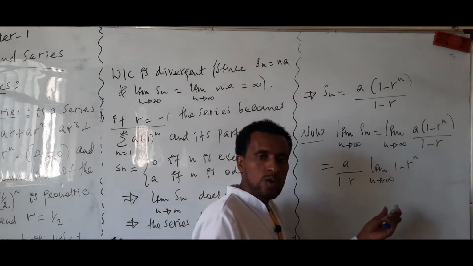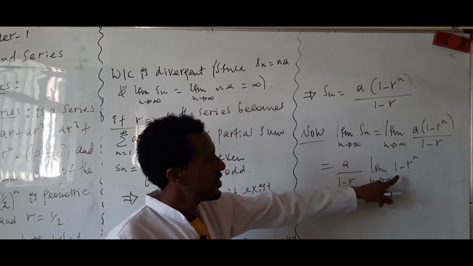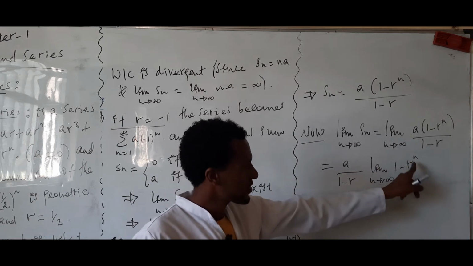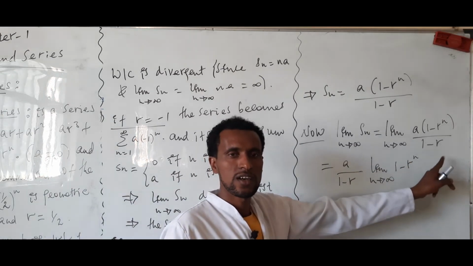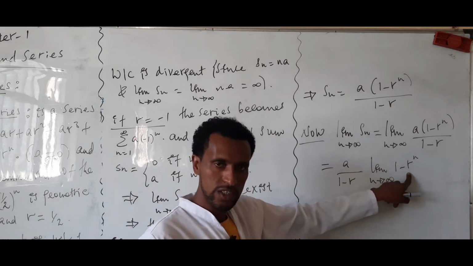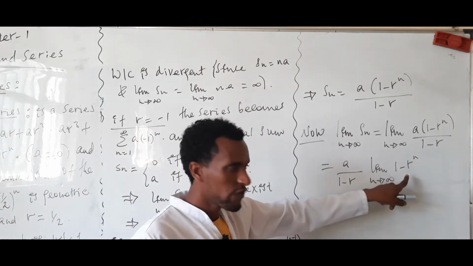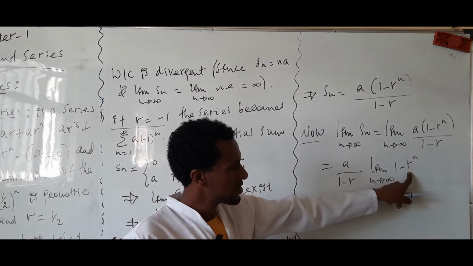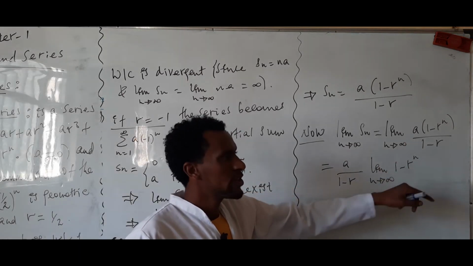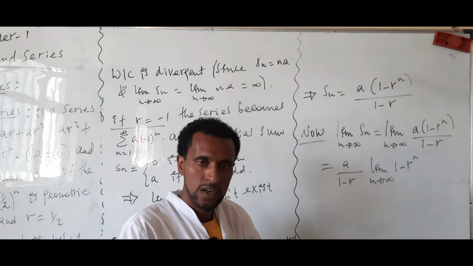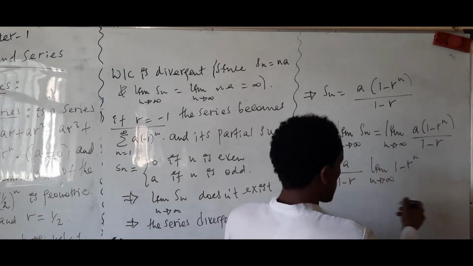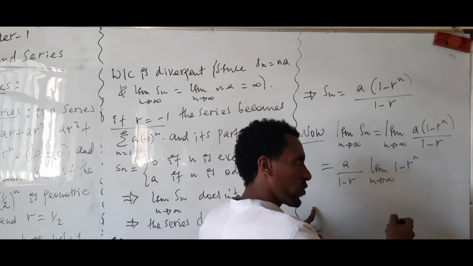This limit converges if and only if r to the power of n converges. So for the convergence of this limit, r must be a number between minus 1 and 1.